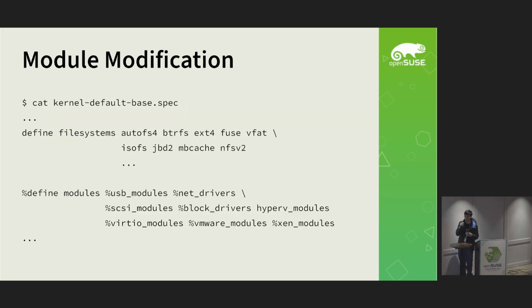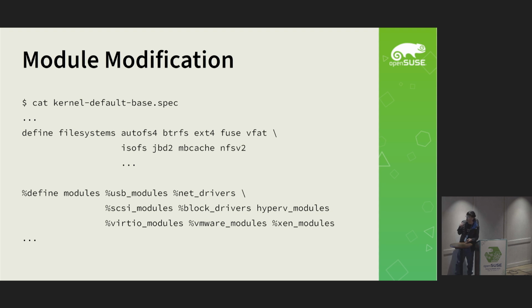So for the modification, it's actually quite easy. Basically, you can choose what kind of kernel modules you want to be packaged. And it's all listed in that specification file. So if you want to remove something, you just remove the kernel module name from there. And if you want to add something, you also find some place to add it.